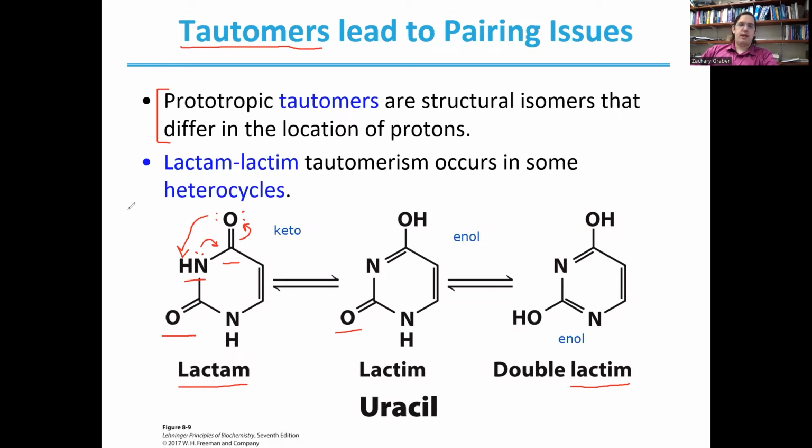So whereas we initially had an acceptor, donor, acceptor pattern, now we have a donor, acceptor, donor pattern for our nucleotide. And of course, this completely changes the base pairing here, right? Normally, our uracil pairs with our adenine because our adenine has a donor and acceptor that pair up with the acceptor and donor of our normal uracil.